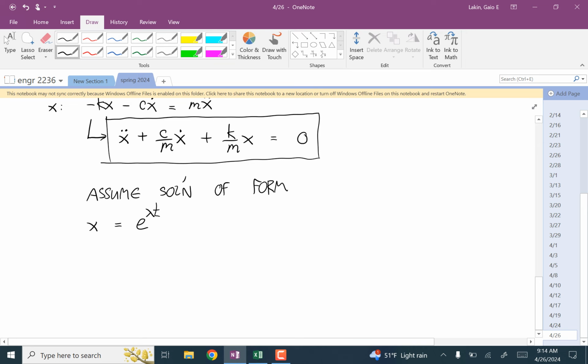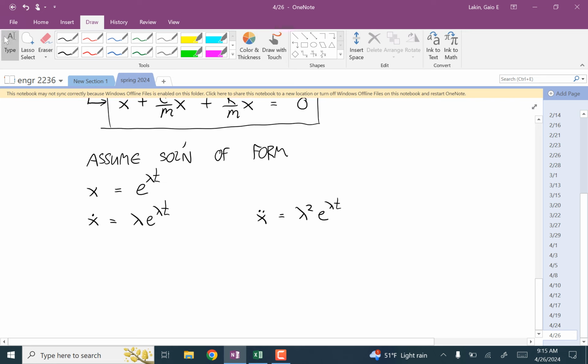But now that we have this form, we do know that x dot is going to be lambda times e to the lambda t, and x double dot is going to be lambda squared e to the lambda t. Okay. And so let's plug these into the equation and see what we have.